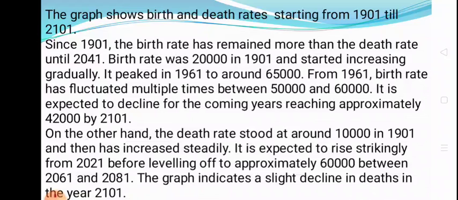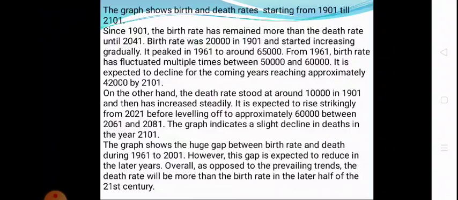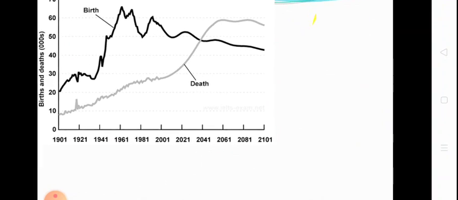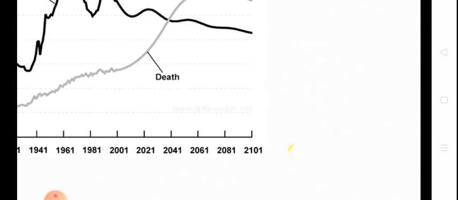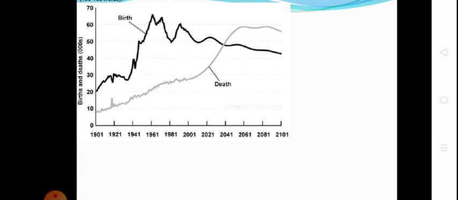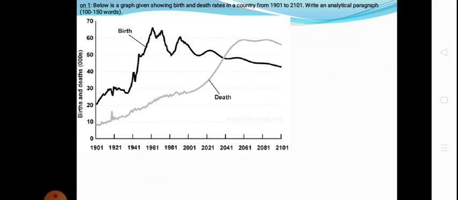The graph indicates a slight decline in deaths in the year 2101. So whatever information, dear students, is given in the graph, you have to use. Using this information, we have to develop a paragraph in which we include all the information given in this graph.